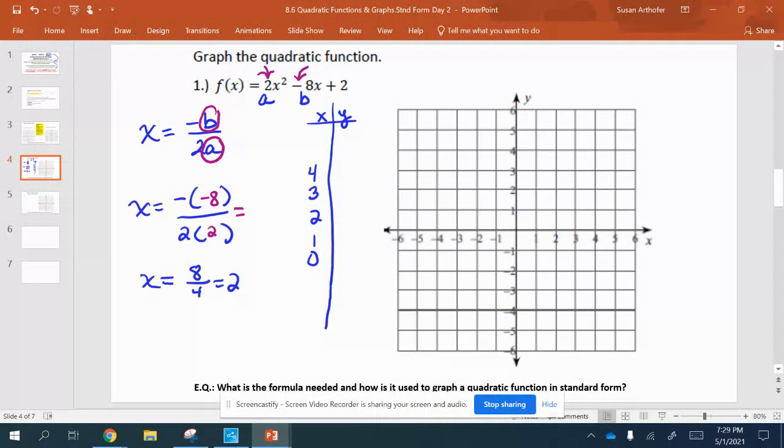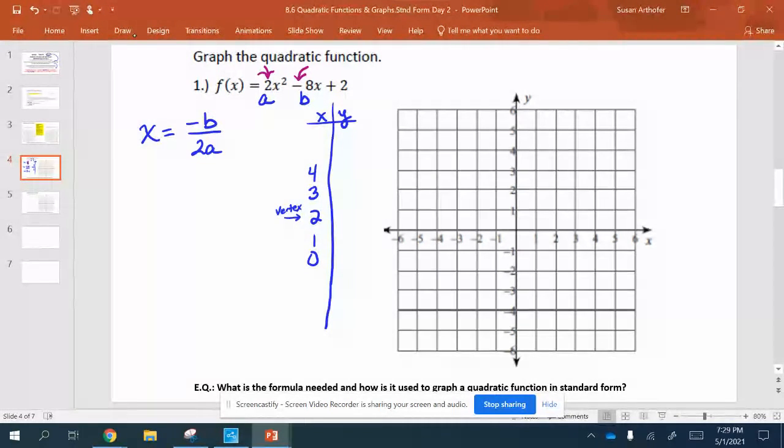Numbers above the vertex point, this is going to be our vertex of our parabola. So numbers above 2 is 3 and 4, and numbers below 2 is 1 and 0. Now, once we know what our x values are going to be, we don't need this formula anymore. So we're done with that.